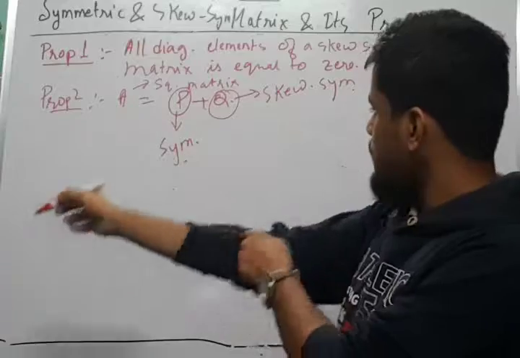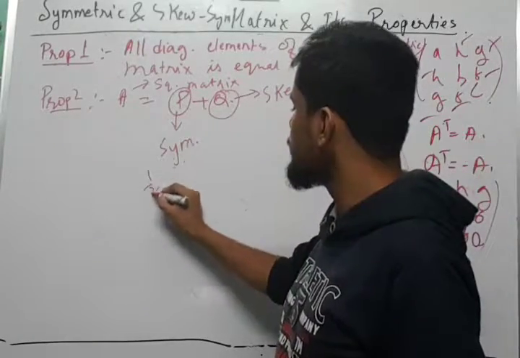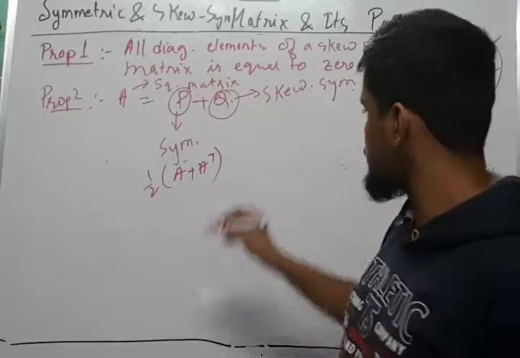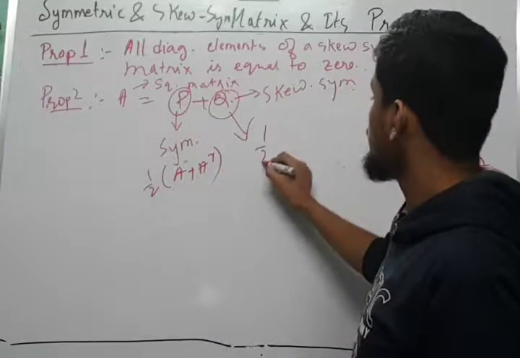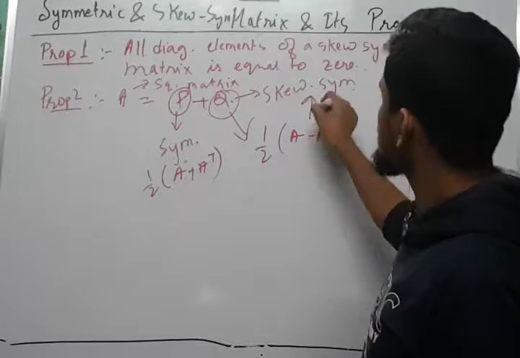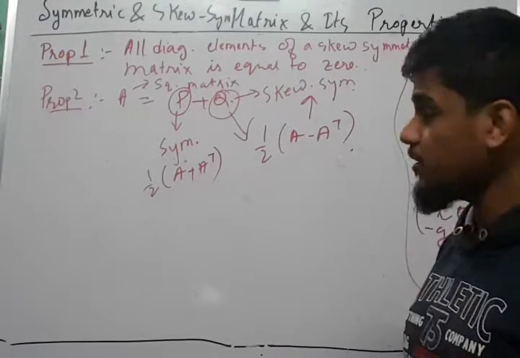And this P can be written as half into A plus A transpose, which is a symmetric matrix, and Q can be equal to half into A minus A transpose, which is a skew symmetric matrix. So this is property 2.